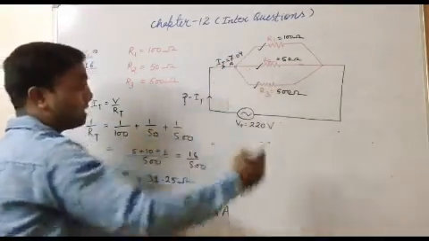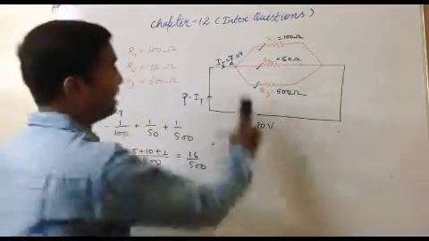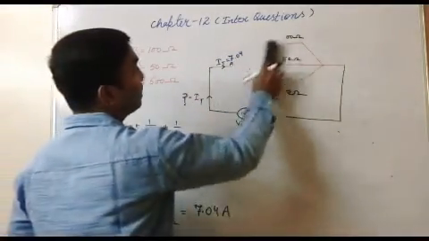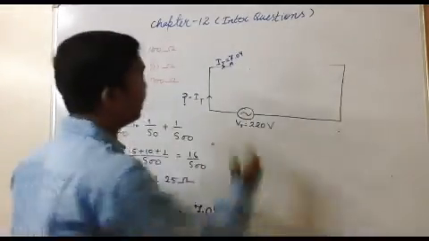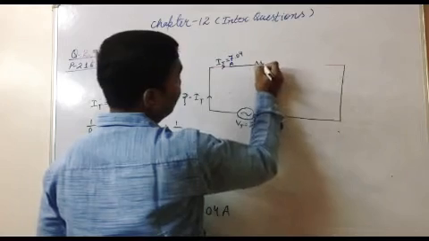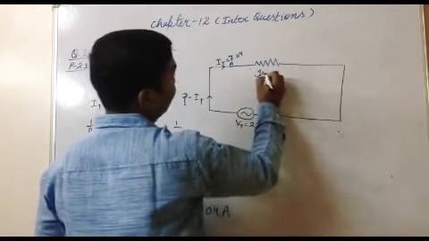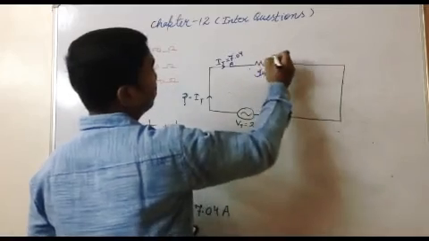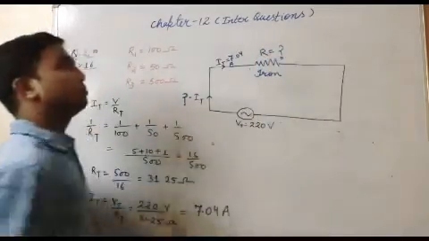Now what else is asked in the question? They are saying that in place of these three resistors, you remove these three resistors and connect an electric iron. Then what is the resistance of this iron?